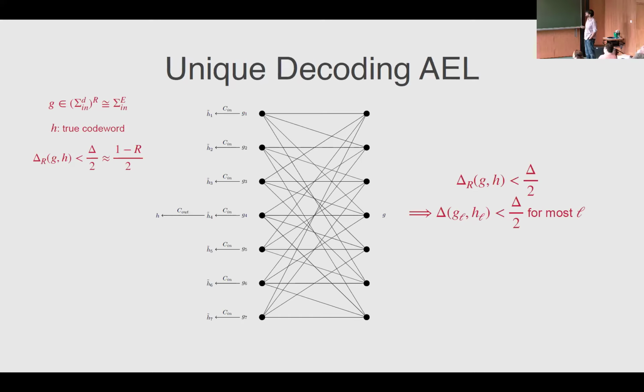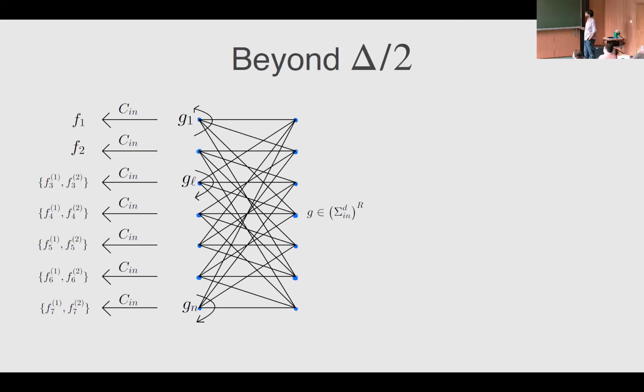So let's try to generalize this to list decoding. This, as I said, was the sampler property. Now, again, we have this g, which looks like sigma^d to the R, and now we'll have a bunch of g_i. Now, when we go to decode, let's say we are decoding up to 2 delta over 3, beyond delta over 2, then we need not have a unique codeword.